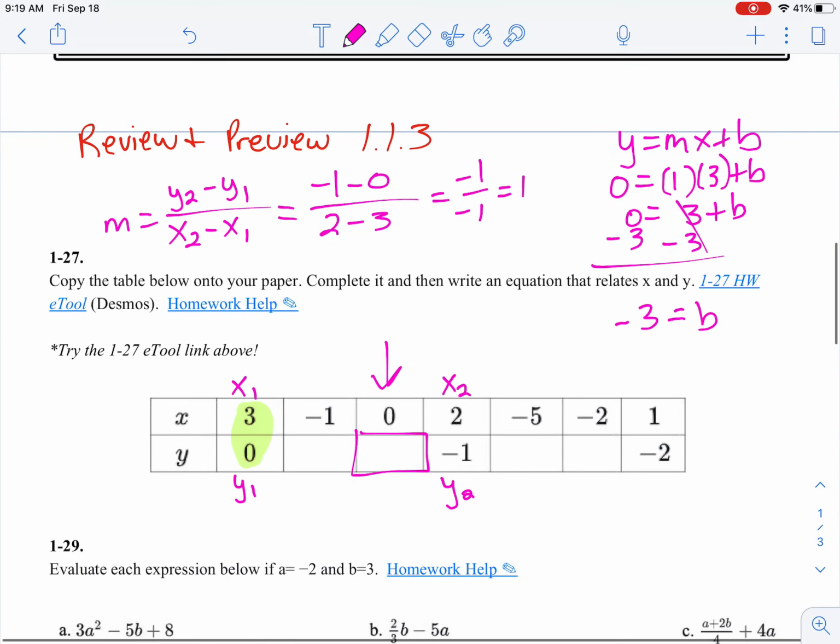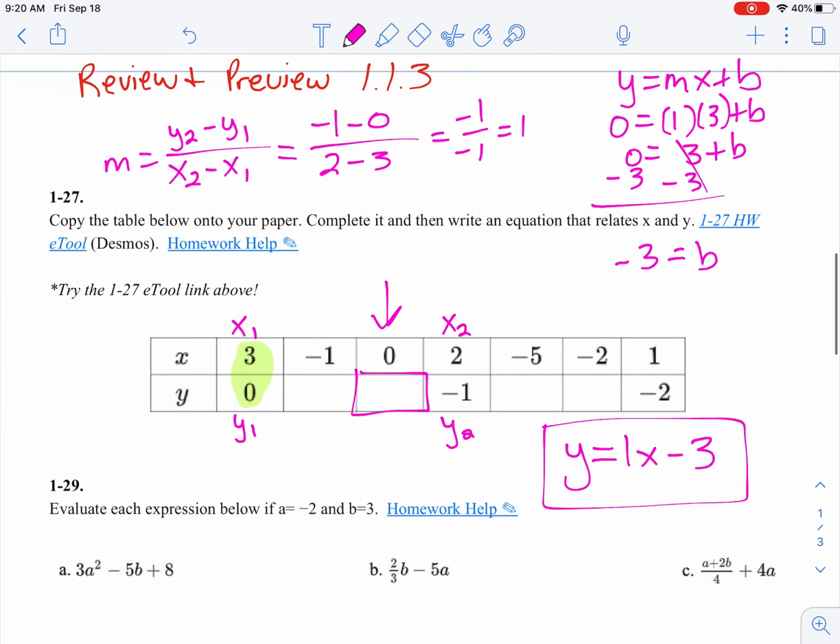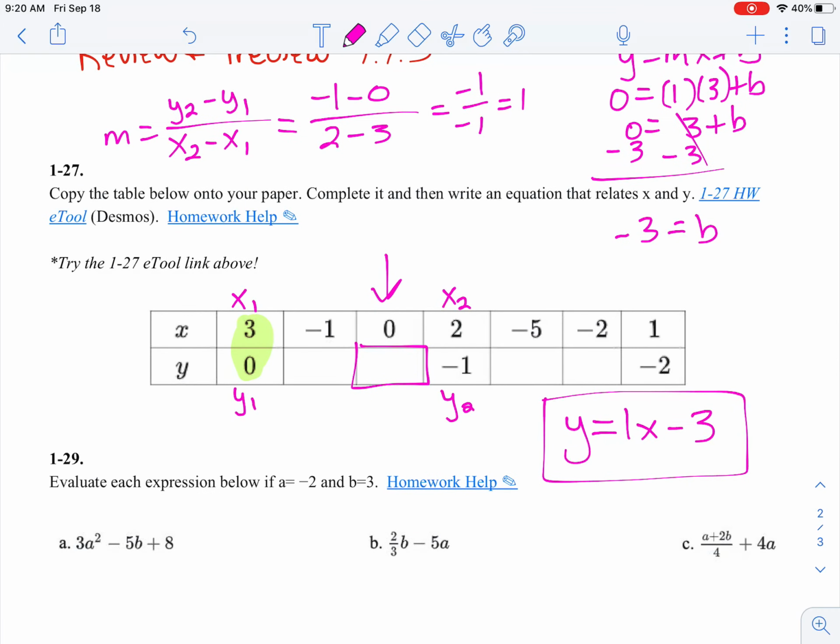So now that's our b value. Now we would plug it back into the equation. y equals your slope, which is 1, x minus 3. You don't need the 1 in front of the x, but if you want to put it there, that is fine. And now what we can do to fill in the rest of the table is plug those values into the equation.